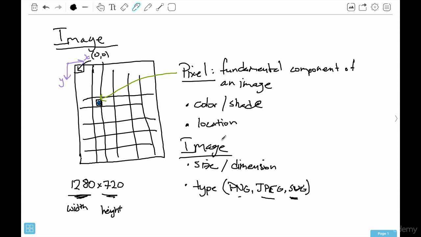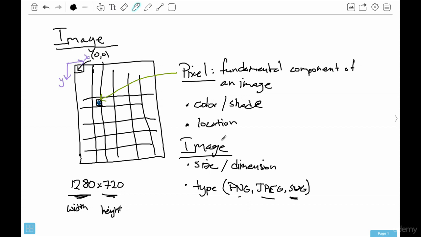So in the next few videos, we're actually going to see a mathematical construct called a matrix, and that's how we're going to encode this image information into a more mathematical context.